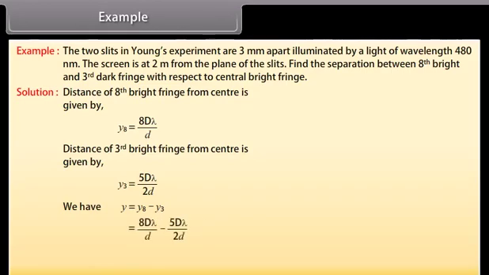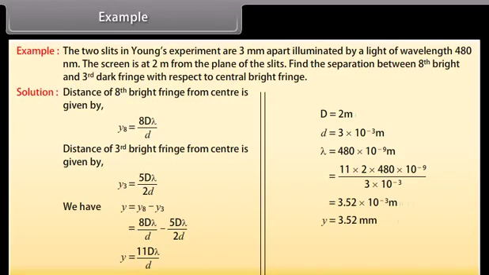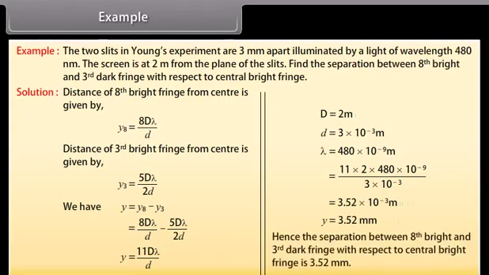By putting the values and calculating, we get y is equal to 11 capital D lambda upon 2 small d. Putting in the values, we get y equal to 3.52 millimeter. Hence, the separation between the 8th bright and 3rd dark fringe with respect to the central bright fringe is 3.52 millimeter.